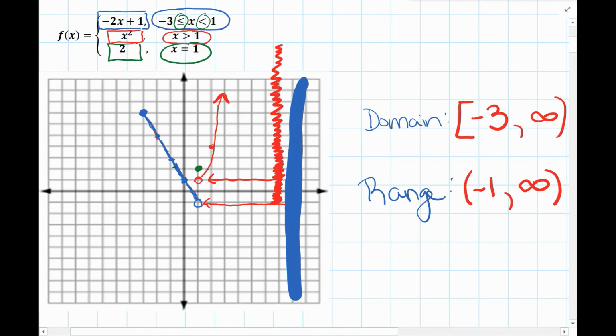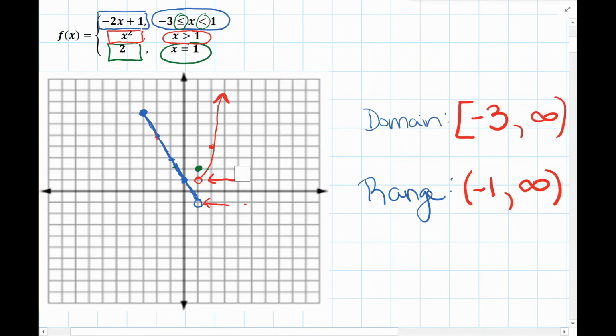That's going to be your range. Okay, let me erase all of the doodles and look at this again. Your range, the very lowest y value is right here at -1, and then it continues to go up to infinity.